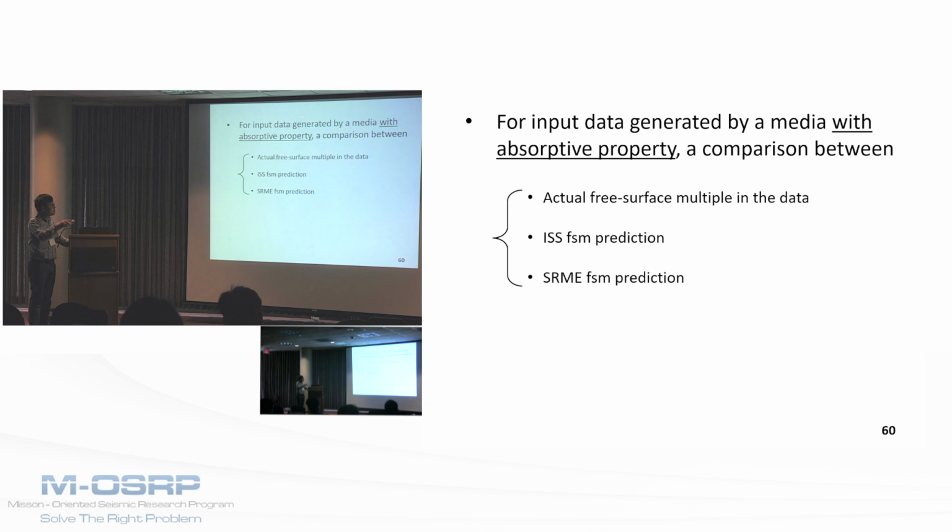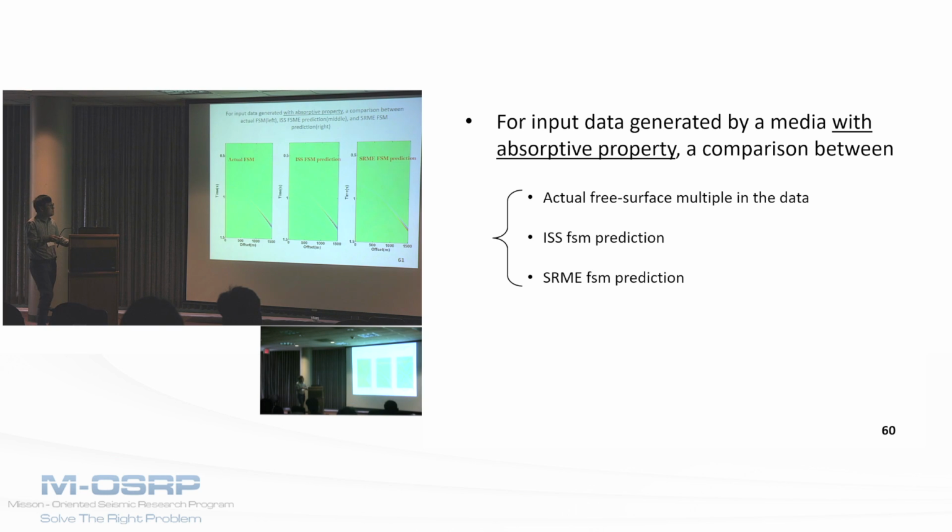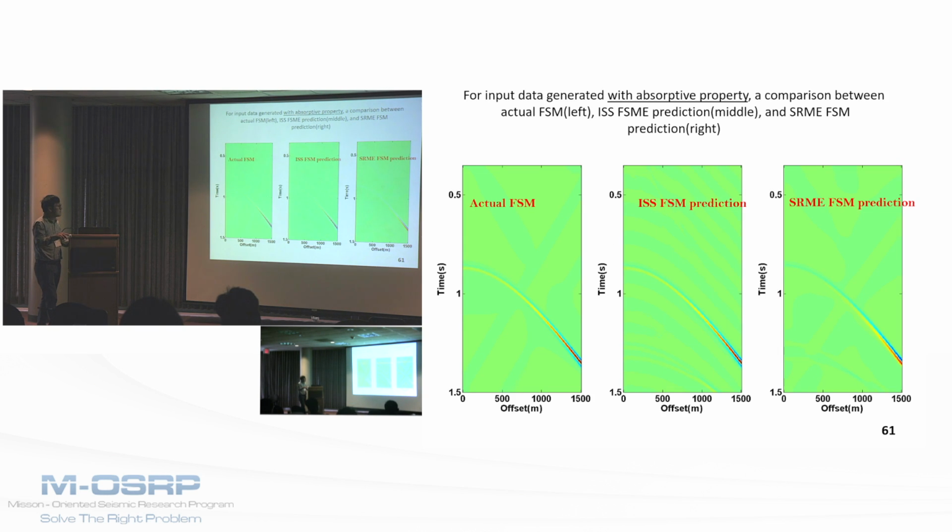And we first do a comparison between the two prediction results with the actual free surface multiple in the data. Here, the figure on the left shows the actual free surface multiple, the ISS free surface multiple prediction, and the SRME free surface multiple prediction. And again, to look into the details, we extract traces to do a trace comparison at 100, 500, 1,000 meters.